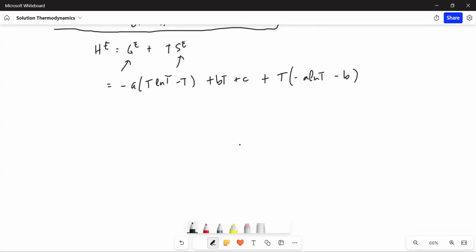And then we simplify the equation, that is going to be negative AT ln T plus AT plus BT plus C. So just copy that.